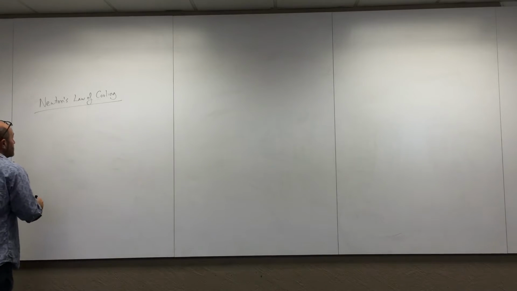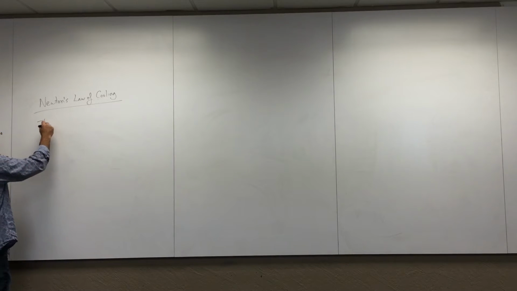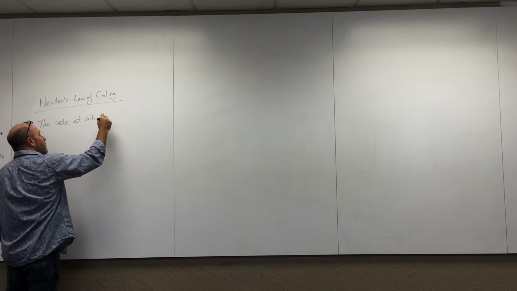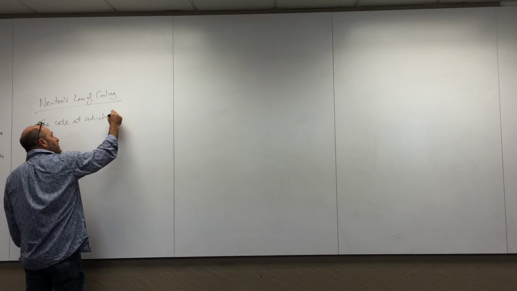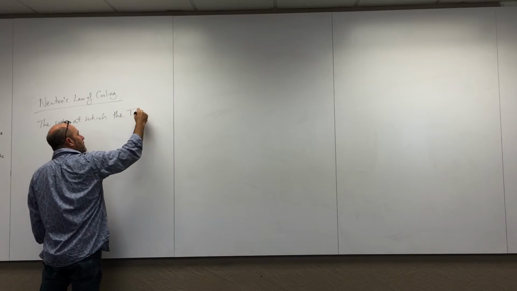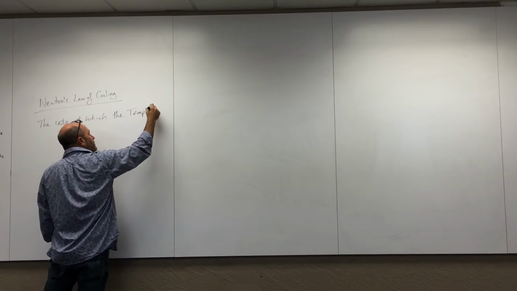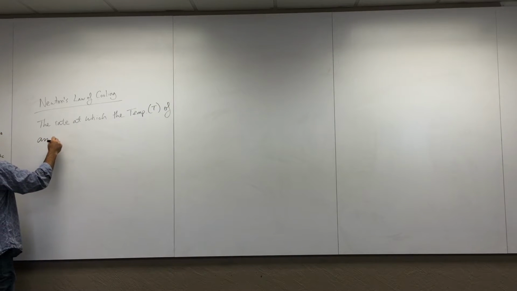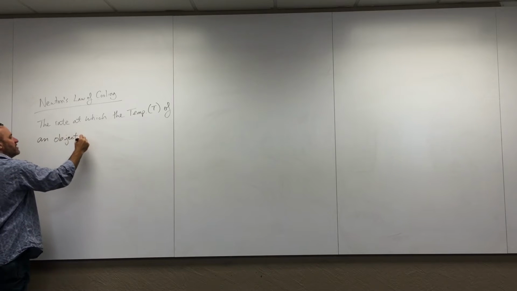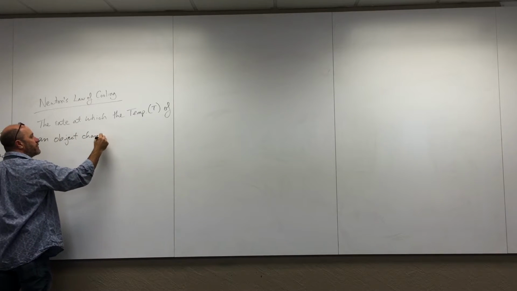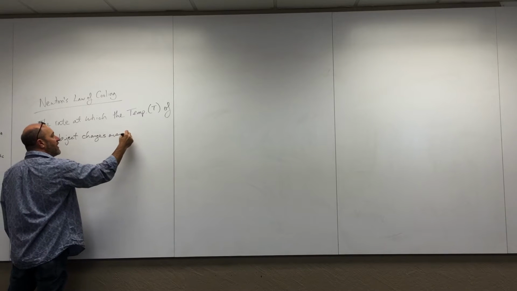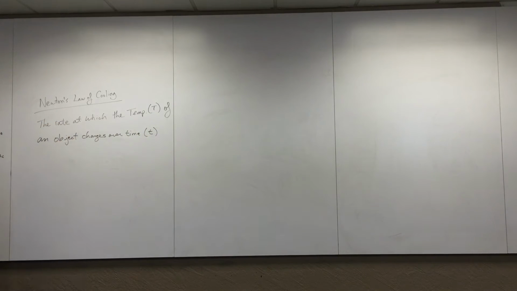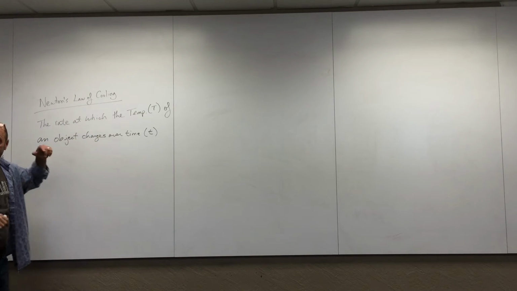So the English sentence is the rate at which the temperature, and I'm going to call temperature capital T, the temperature of an object changes over time. And by the way, I'm going to call time little t. So those are my 2 variables, capital T and little t. They're 2 different variables, kind of like y and x, I guess.